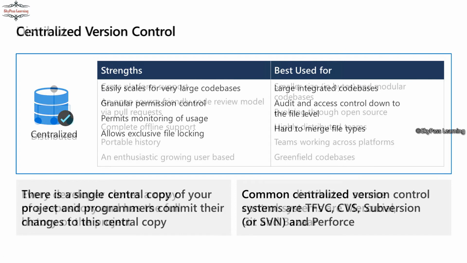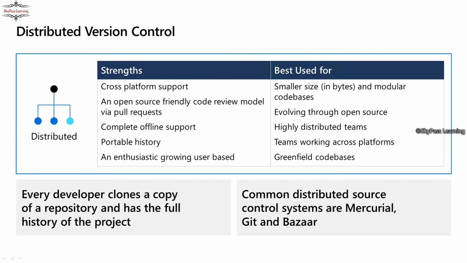The second one is distributed version control. In distributed version control, it's basically distributing to a local copy. Developers can clone their copies from the repository. Like if the centralized server is there, you can download the copy and store it on your machine, and then use that copy for your changes or developments.